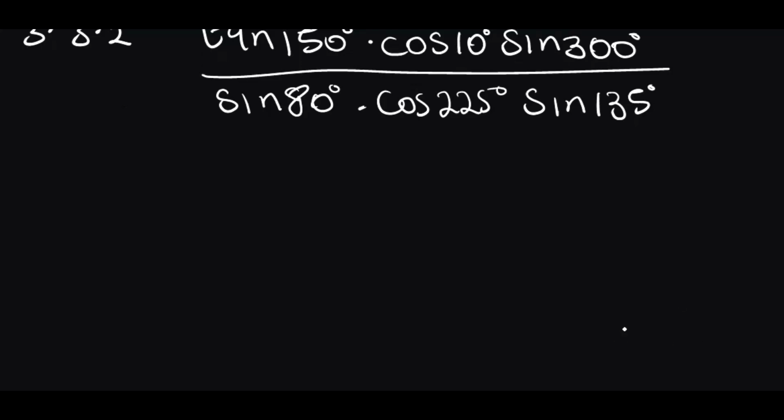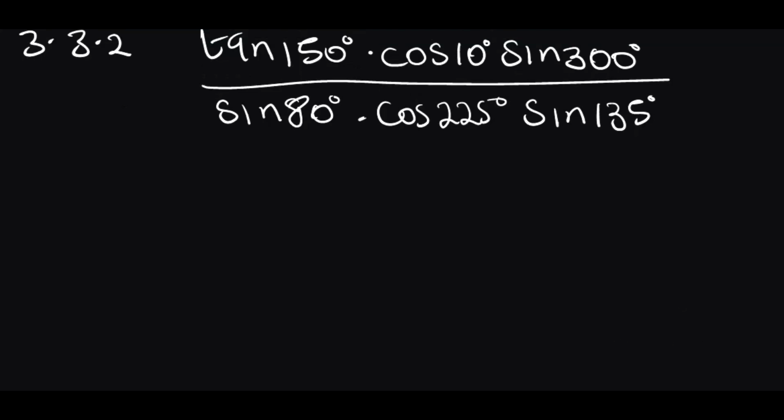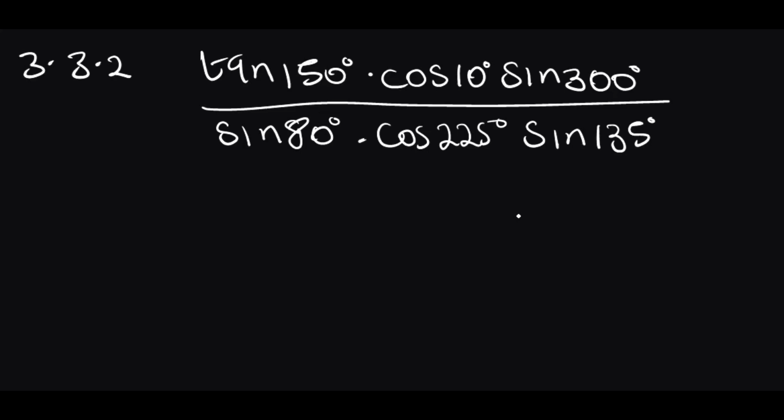3.3.2, where we have tan 150 degrees times cos 10 degrees times sine 300 degrees all over sine 80 degrees times cos 225 degrees times sine 135.